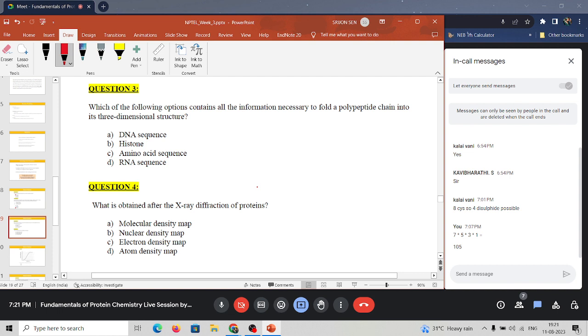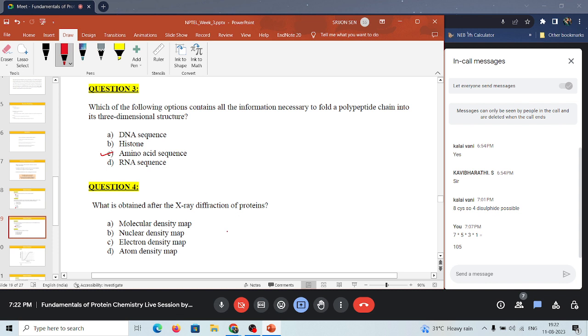So what are the building blocks of proteins called? So the primary structure of a protein is formed by the amino acids. So that carries all the information of your protein folding. So the amino acid sequence determines how your protein will fold, or determines the 3D structure of your particular protein.